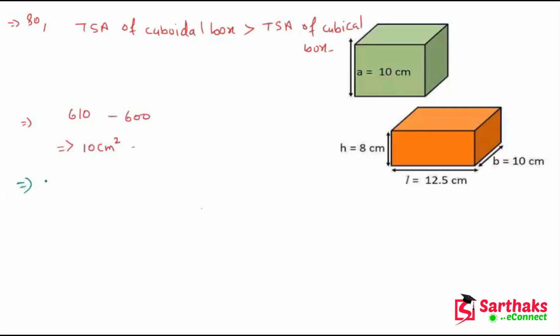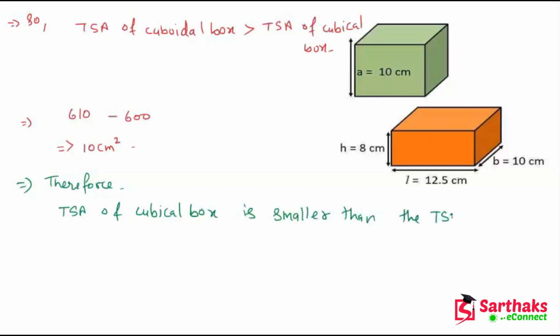So therefore we can say the TSA of the cubical box is smaller than the TSA of the cuboidal box by 10 centimeter square.